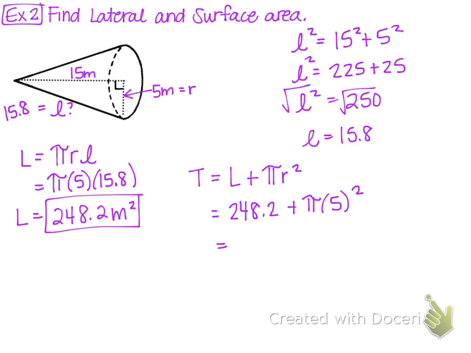So we put that in our calculator, we get 326.7. In our units, meters squared. So that's our total. The last thing we're going to talk about is a sphere.